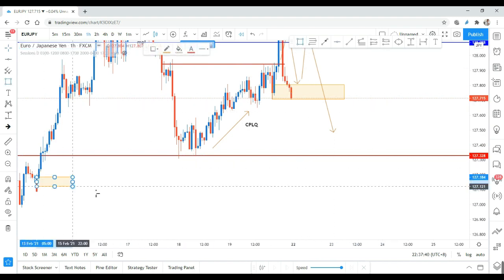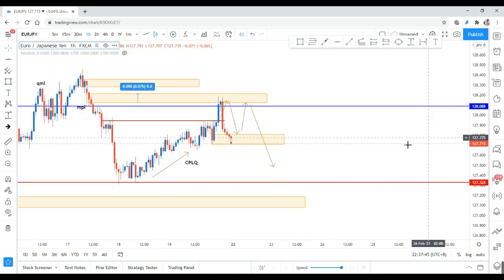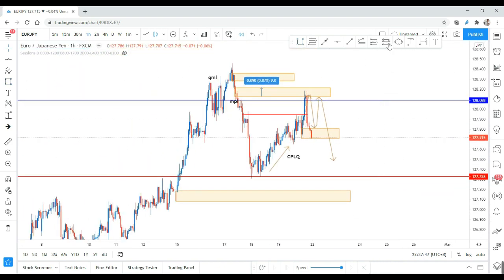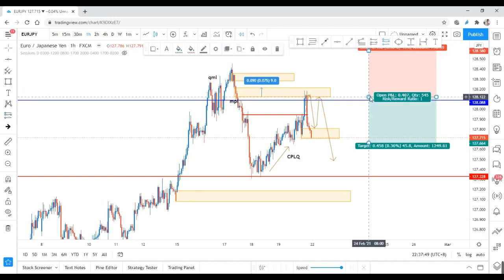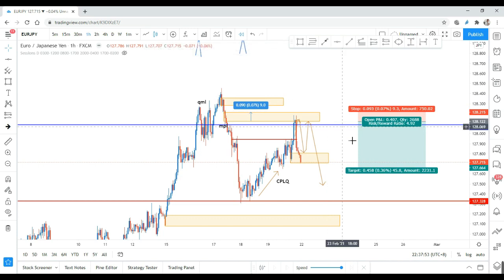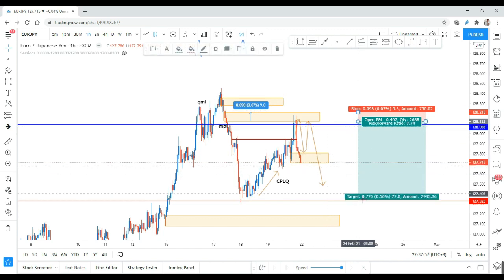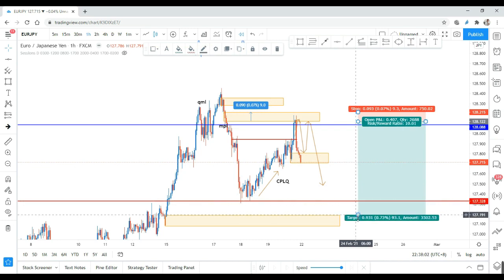Take note of this, this is a very dangerous zone. Anyway, it does not matter. You want to have a very nice risk reward, even to this area 3 times, or like I said, 8.5 or 10 times.